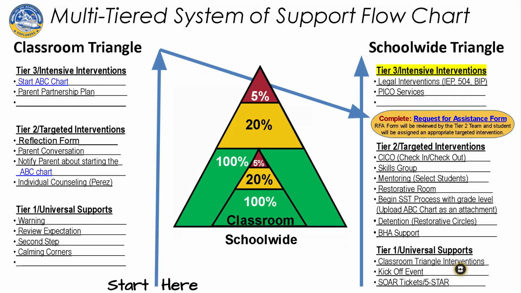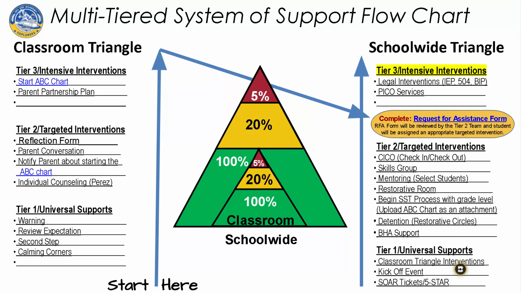Those are all Tier 1 universal supports. Then we have 20% of our students which are benefiting from Tier 2 targeted interventions. And I will go through a little bit more of what those look like, but that is really important. We want to make sure that only 20% or less of our students are receiving those Tier 2 interventions. And finally, 5% of our students or less are receiving Tier 3 intensive interventions.